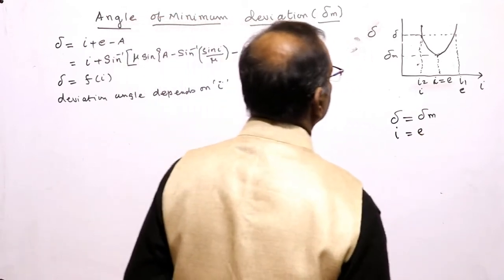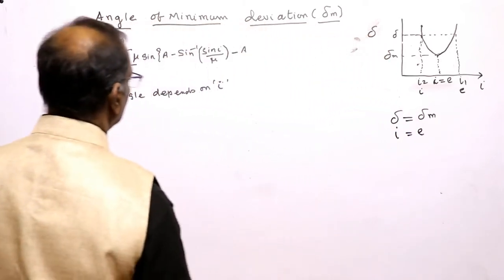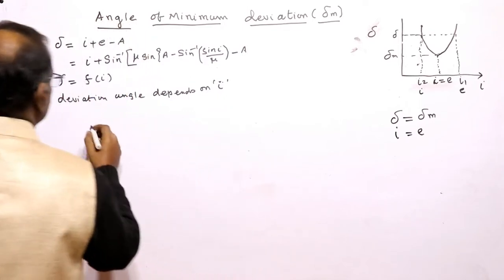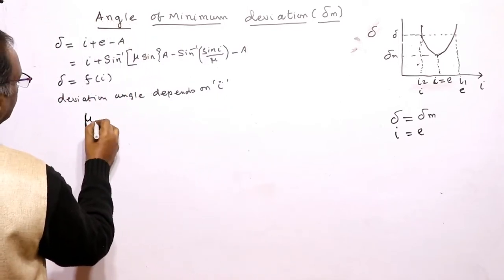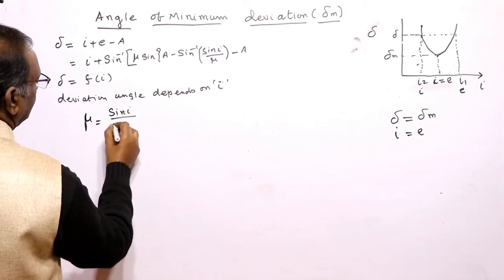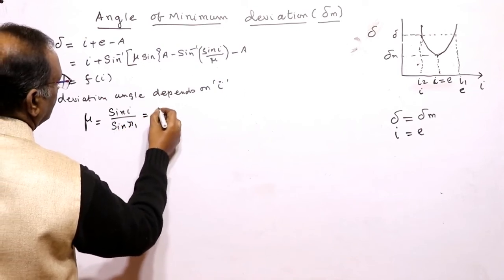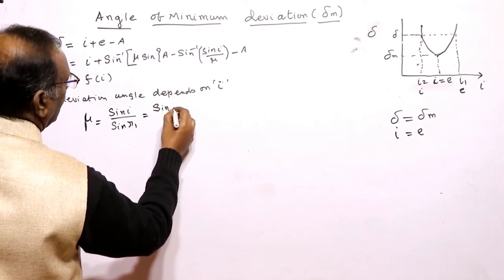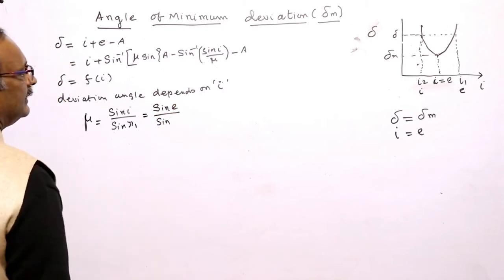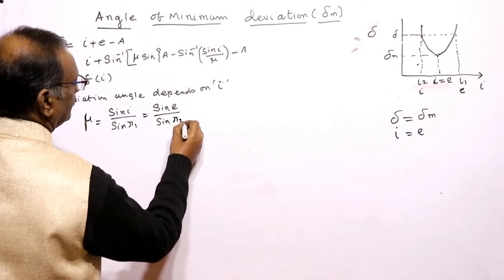So at this stage, we can say the refractive index is given by sine of I by sine of R1, which is also equal to sine of the angle of emergence divided by sine of the angle of incidence at the second face, that is R2.